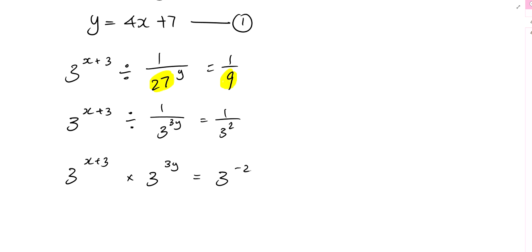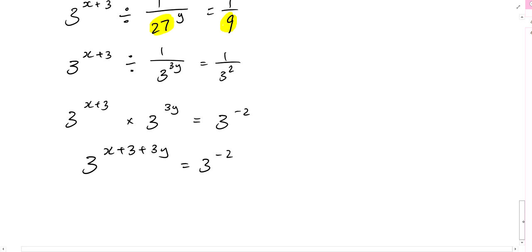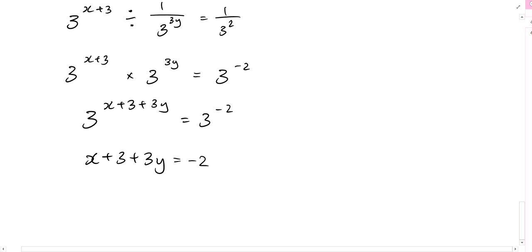So here we have 3 to the power x plus 3 plus 3y equals 3 to the power negative 2. X plus 3 plus 3y equals negative 2. X plus 3y equals negative 5. Okay, so this is equation number 2.